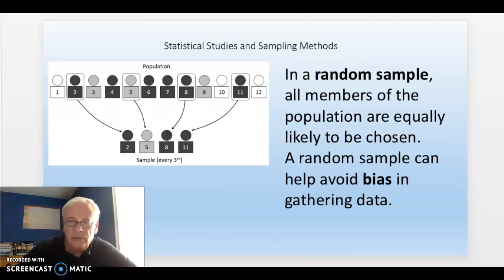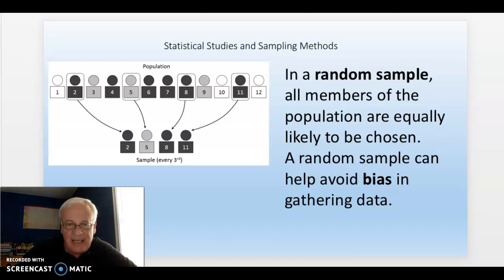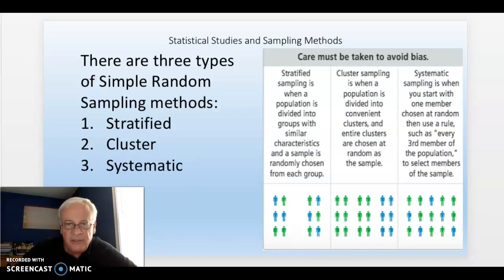So we use what's called a random sample. That helps us get a more accurate sample and avoid bias when gathering the data. Now, this is important. There are three types of simple random sampling methods: stratified, cluster, and systematic.